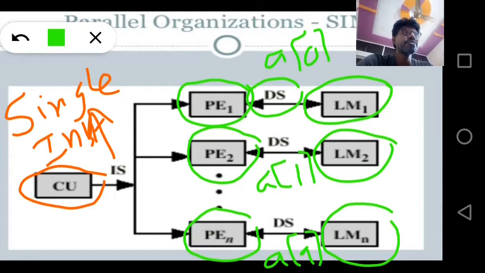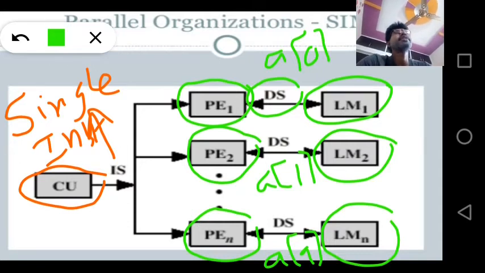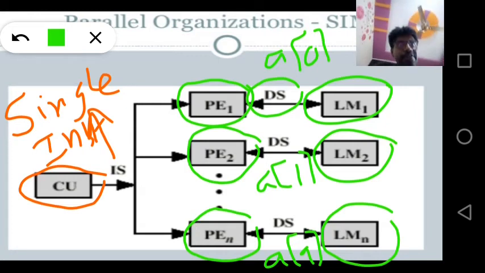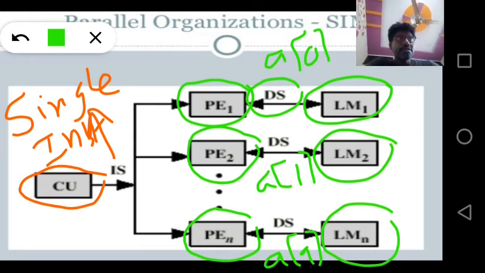So this is the concept behind the SIMD computer, and it's very important. Most of the processors in research related organizations prefer to use these vector and array processors. The instructions are also different. It's not like normal instructions. They are complex instructions.